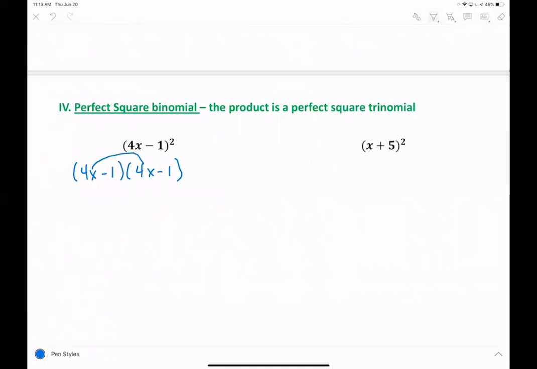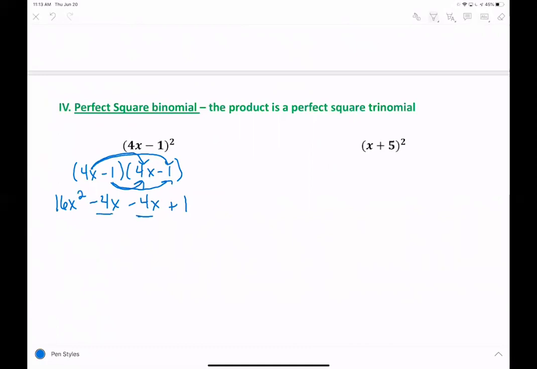So first times first, outer times outer, inner times inner, and then last times last. Now be careful here, because I see this all the time. Students say, oh, these middle terms are going to cancel out.